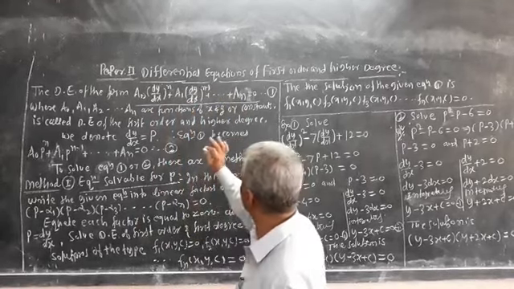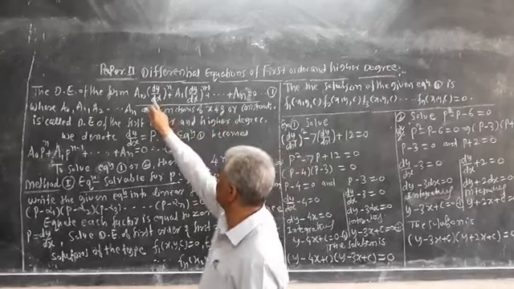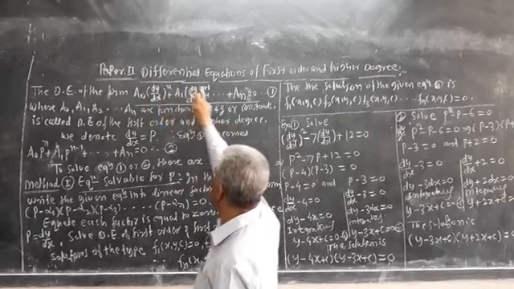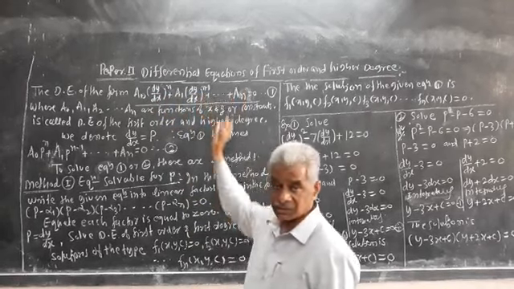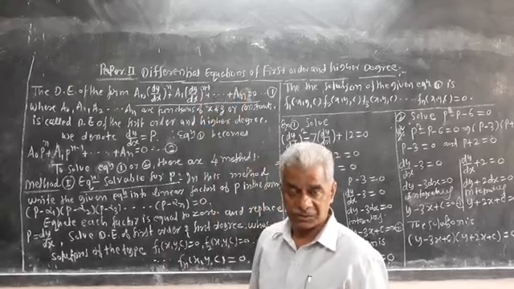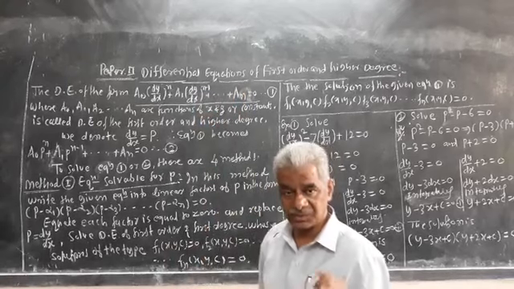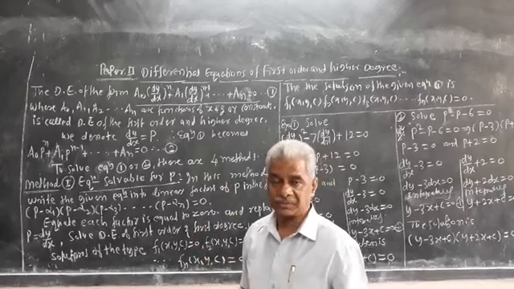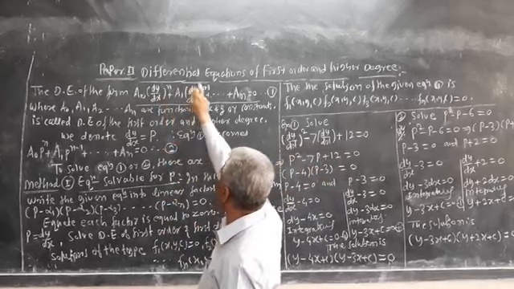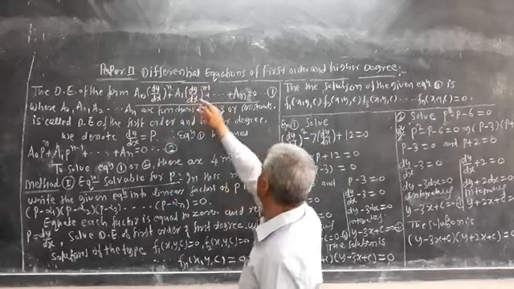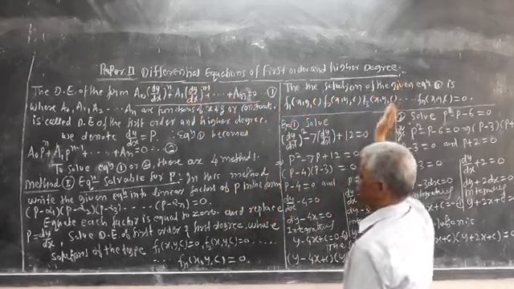Now observe the powers of dy by dx. Here the power of dy by dx is n, here the power is n minus 1, and so on. Whatever powers of dy by dx we have in this equation are greater than 1, and when the powers are greater than 1, that equation is called a higher degree equation.